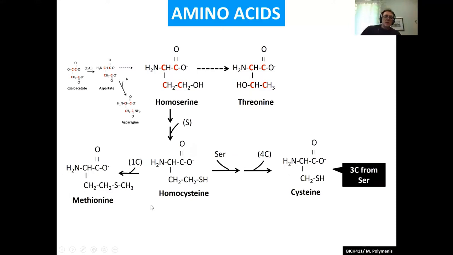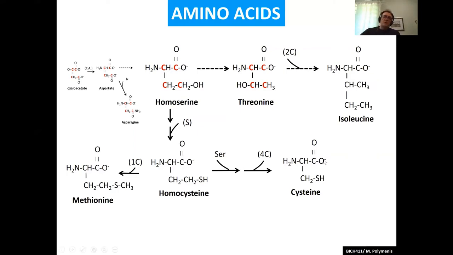Note here that you will see the structure in a minute, that the 3 carbons of cysteine come from serine, because serine comes into this pathway, reacts with homocysteine, gives you a bigger compound, and then this part is actually lost, and what's left is the serine part plus the sulfhydryl here. So that's why the 3 carbons of serine give rise to cysteine.